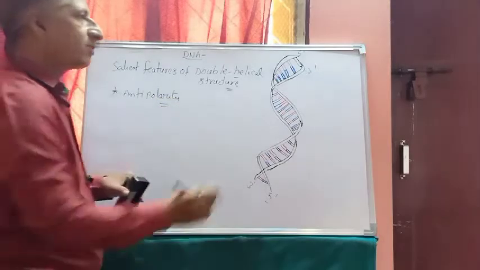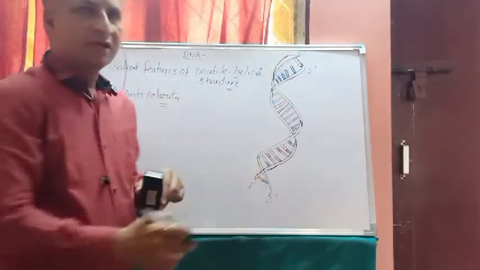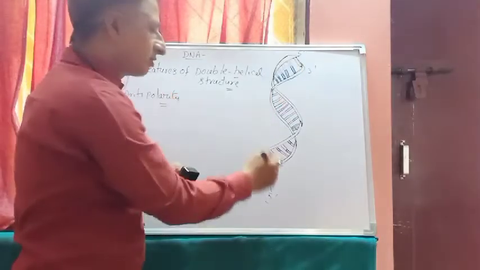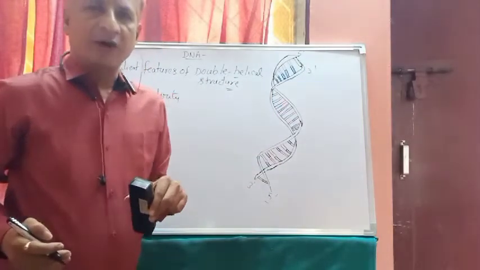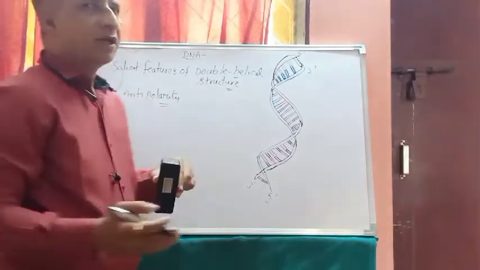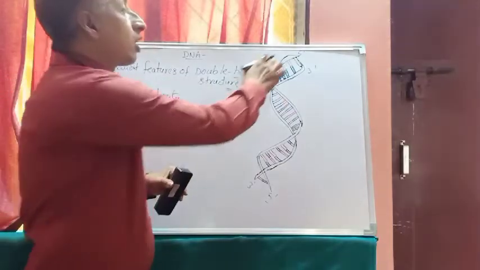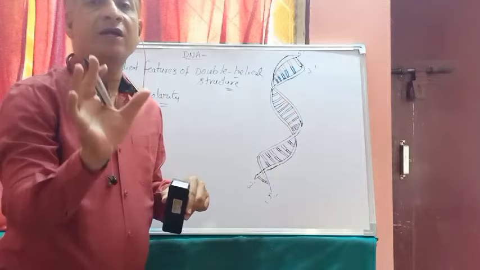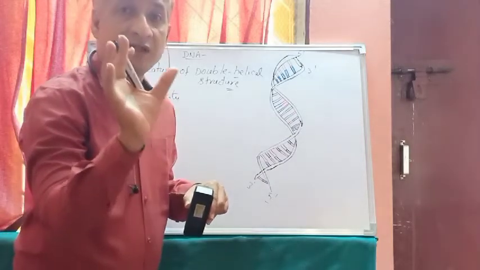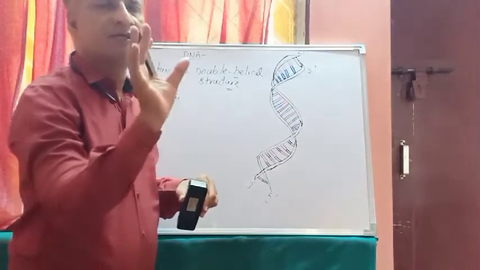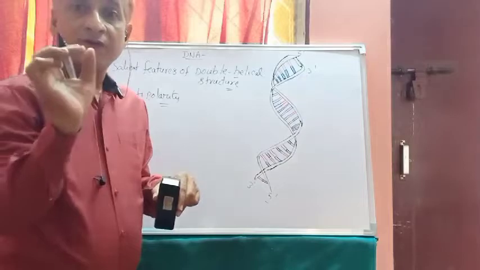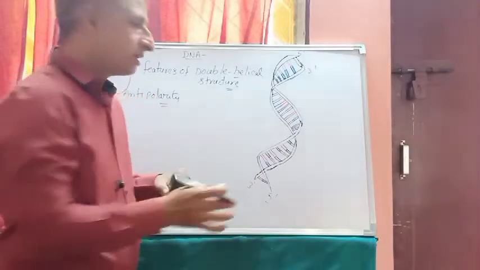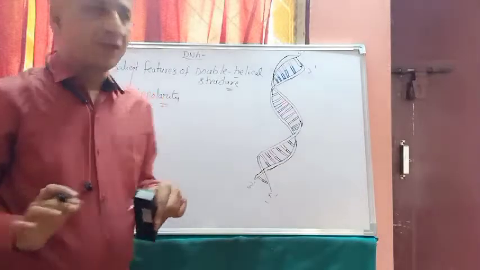What is that antipolarity? In one strand, it is 5 prime to 3 prime, in the second 3 prime to 5 prime. Okay, already we discussed that. How do you know this is 5 prime? A free phosphate moiety is there in the strand, that is 5 prime. A free OH is there in the strand, that is 3 prime.